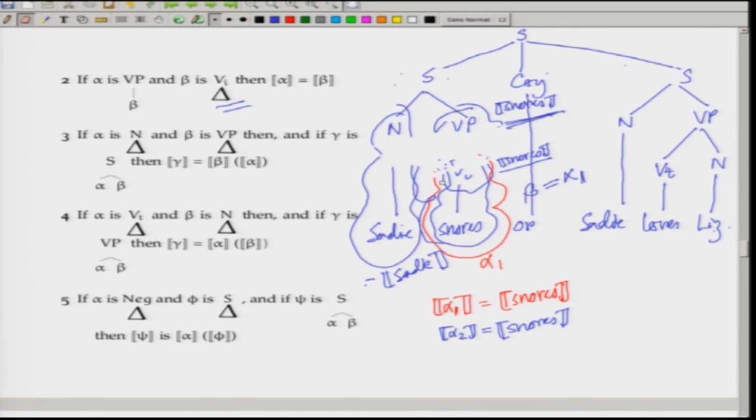What are those? We know that those are Sadie and snores. We know this already, that they have travelled up. So then the truth value of S will be calculated on the basis of that in the next session.